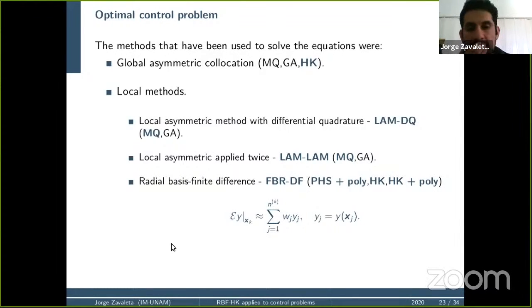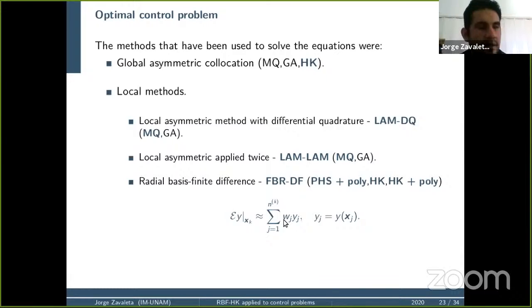These radial basis function finite differences are an extension of the idea of finite differences in a scattered setting. We want to discretize the operator by means of the functional values of the function, but we don't know these weights.